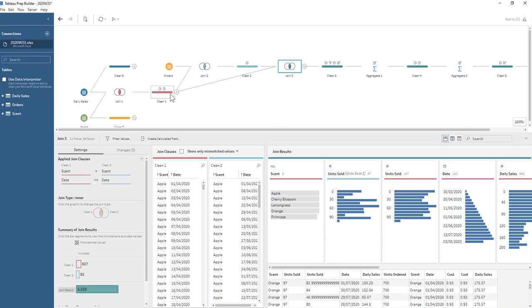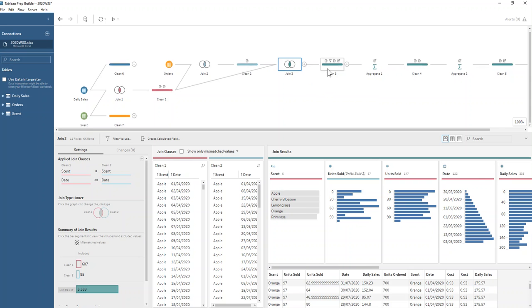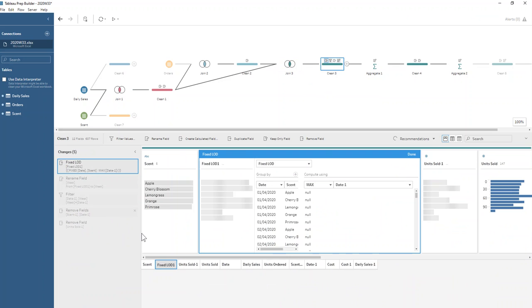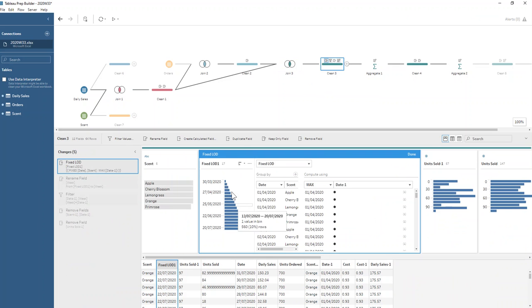That gives us the ability to use an LOD for each week to just select the most recent week. So we use our LOD here, and for each of these rows, we want it to give us the maximum date that's available.